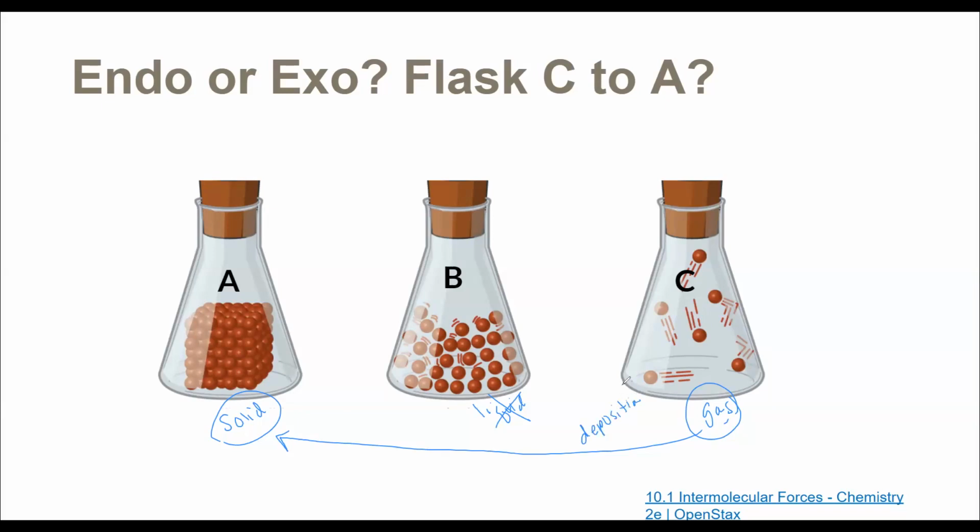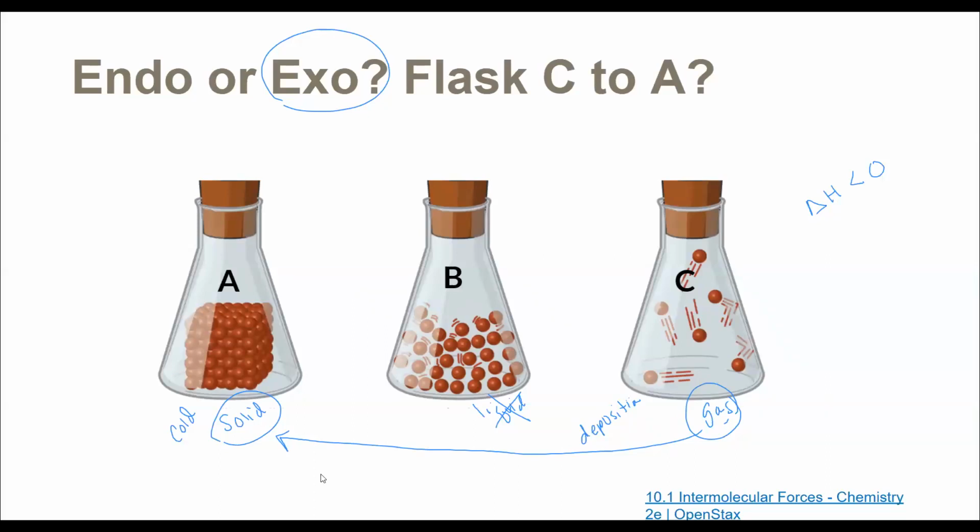And so with deposition, is that endo or exo? The solid, is that cold or hot? The solid is cold. Picture ice. So that means the heat left: exothermic, a delta H of less than 0, a delta H that is negative.